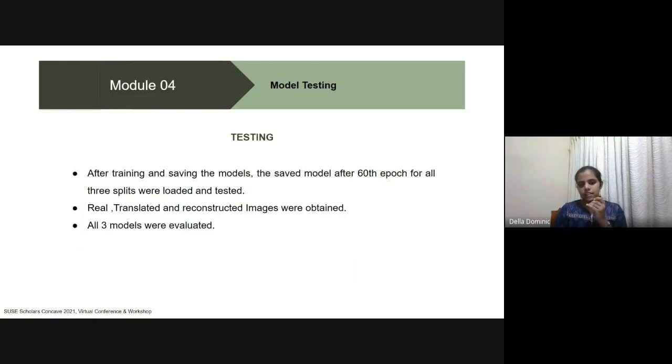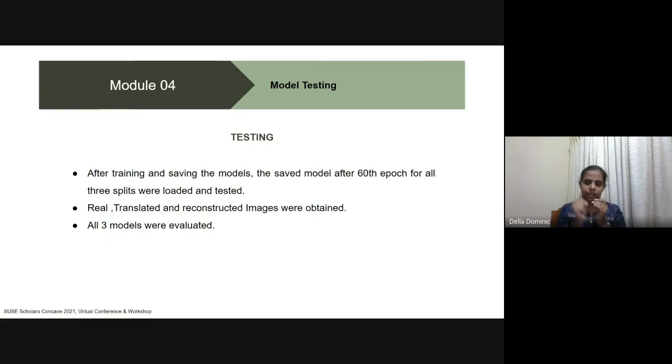After training and saving, the model saved after the 60th epoch was loaded and tested against 3 evaluation metrics. Generally, 3 types of images were created: a real MRI image, the translated CT image, and the reconstructed MRI image. The reconstructed MRI image was generated to compare the real and the reconstructed image.